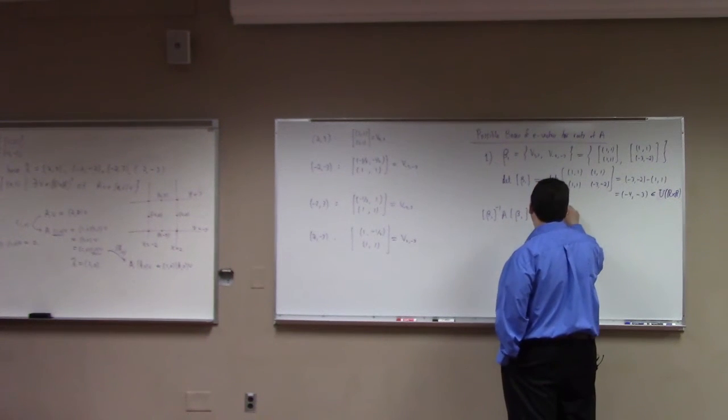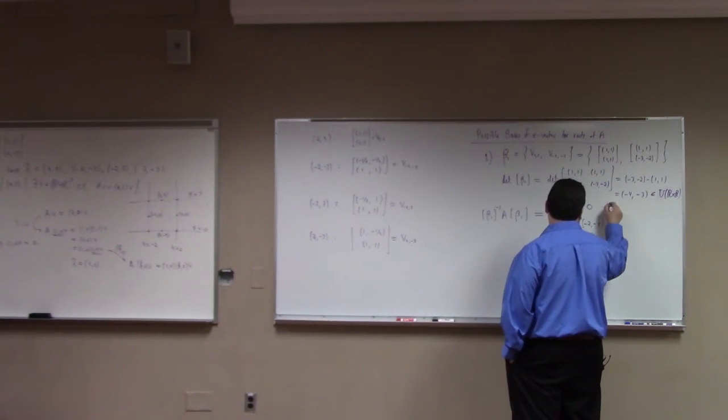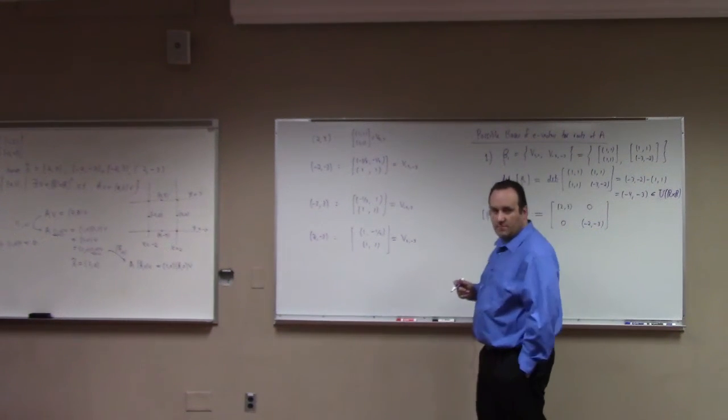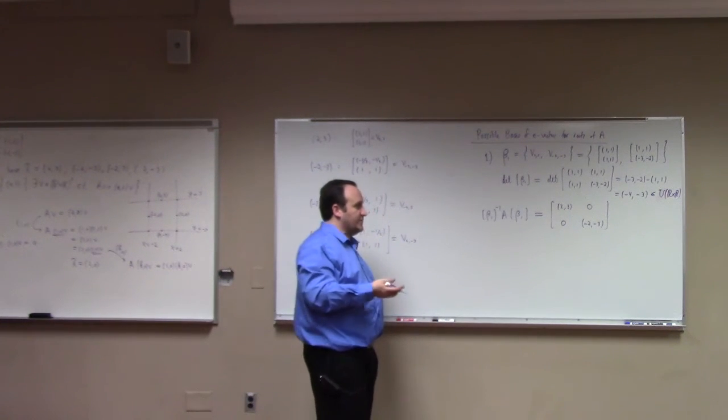We should get 2, 3 for the first one, right? 0, 0, and minus 2, minus 3 down here, right? Of course, those are 0, zeros.